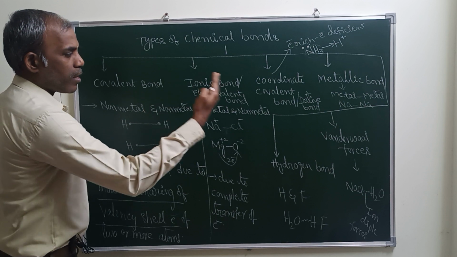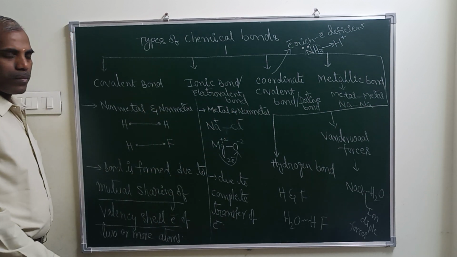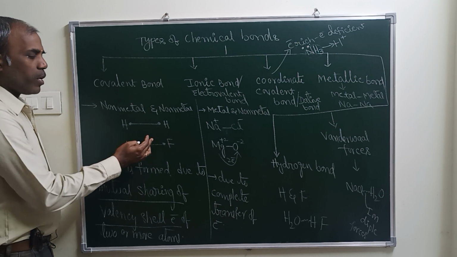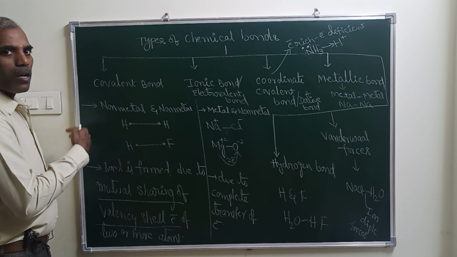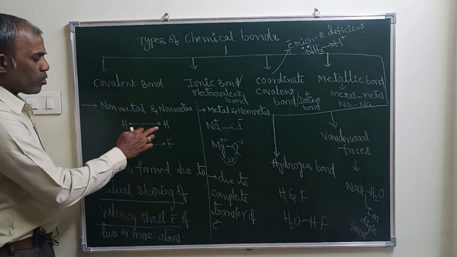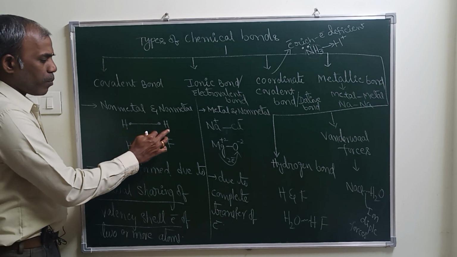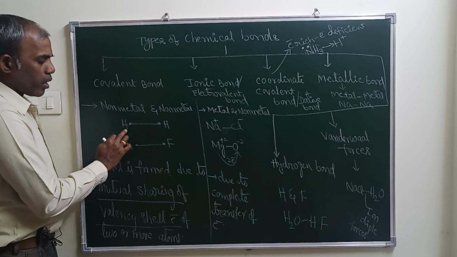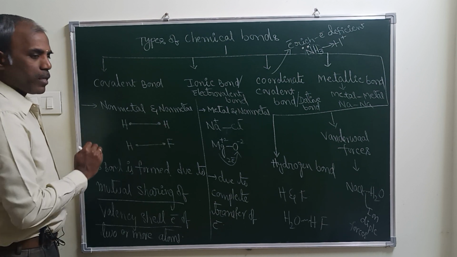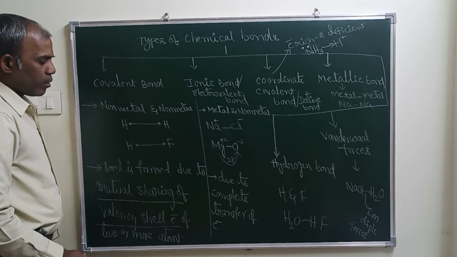Non-metals are placed at the right side of the periodic table. Example, hydrogen, which is placed at the left side of the periodic table. However, hydrogen is a non-metal. Hydrogen, atoms of the same element, and they are non-metals. The bond is covalent bond.